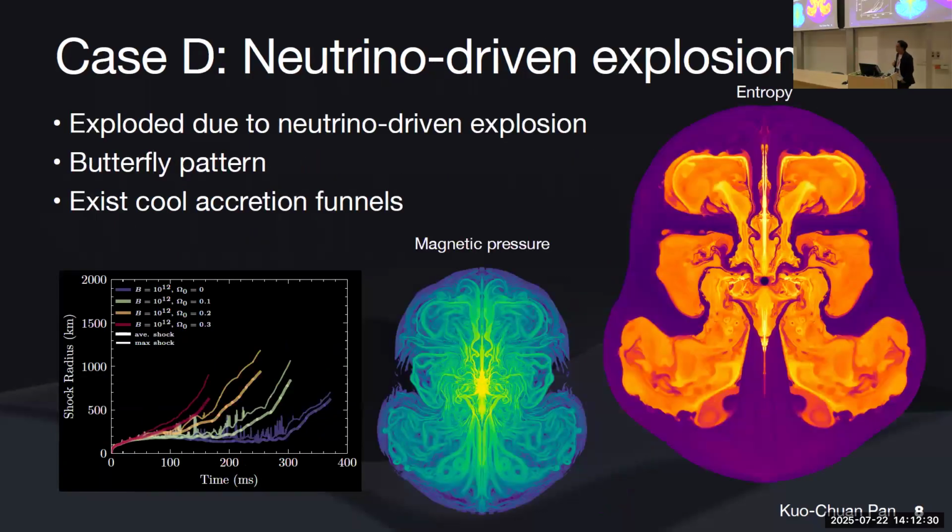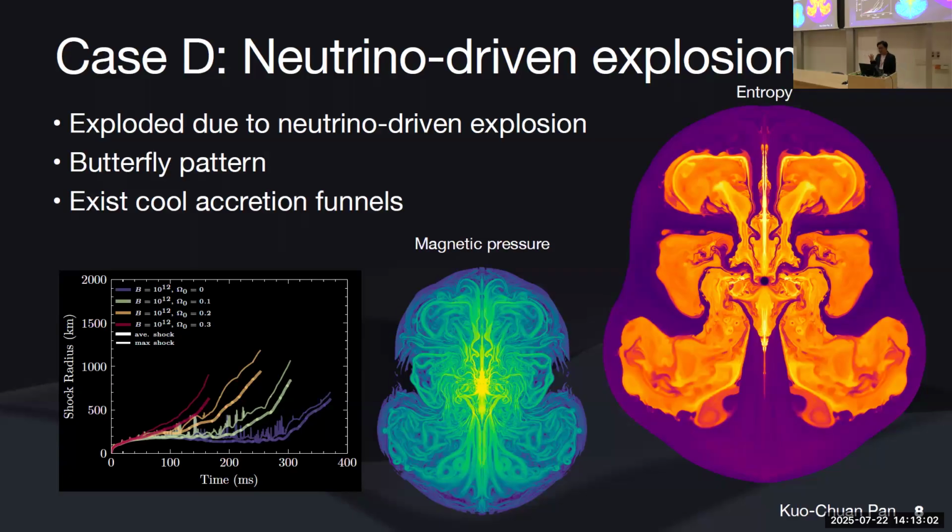So the fourth case, case D, is where, even with magnetic field, you can have a more spherically symmetric or butterfly pattern morphology, with rotation and also strong magnetic field. You can see these cases only happen with very strong magnetic fields, either without rotation or with some rotation.